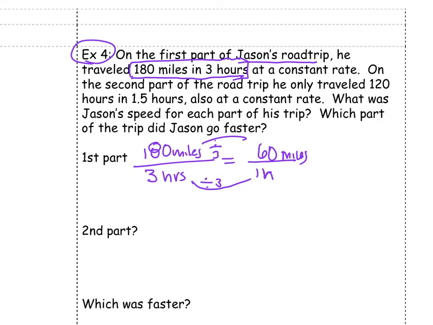I'm going to speed ahead to the questions. Which was his speed for each part, and which part of the trip did he go faster? So for the first part, he went 60 miles per hour.